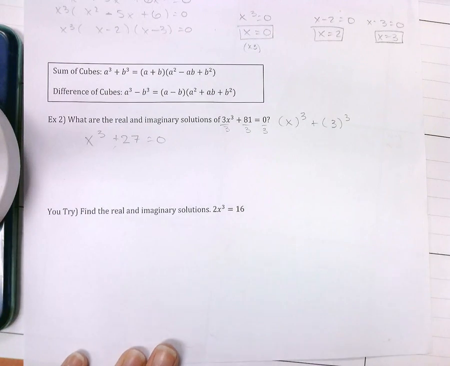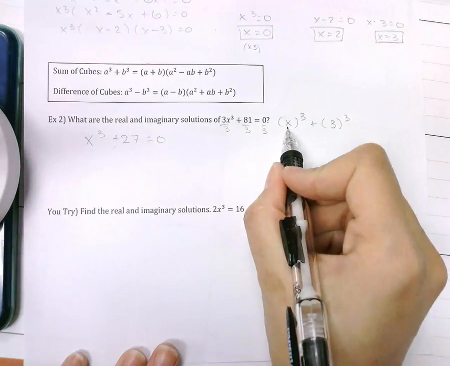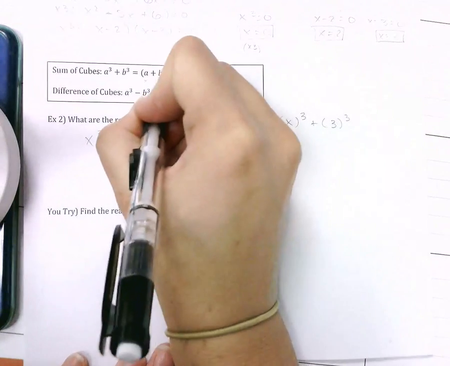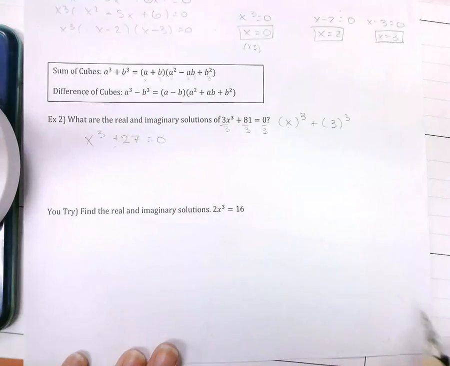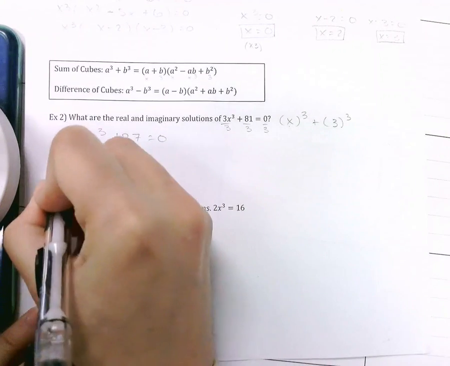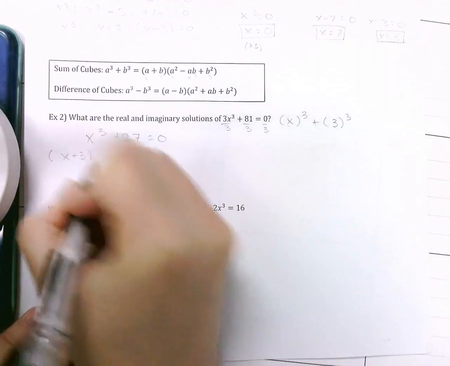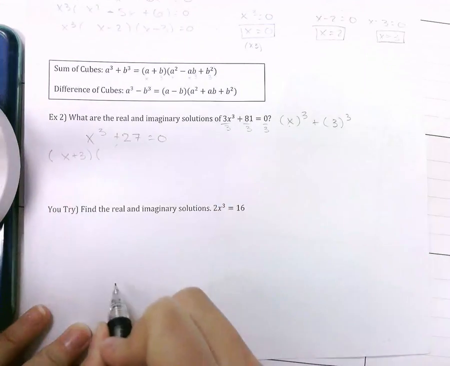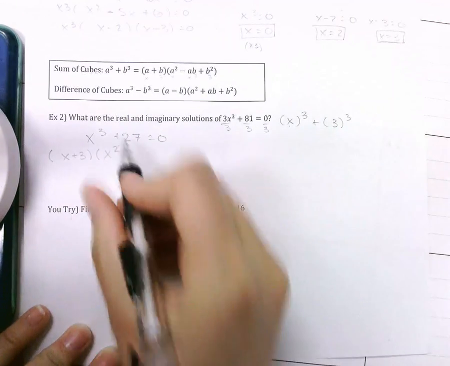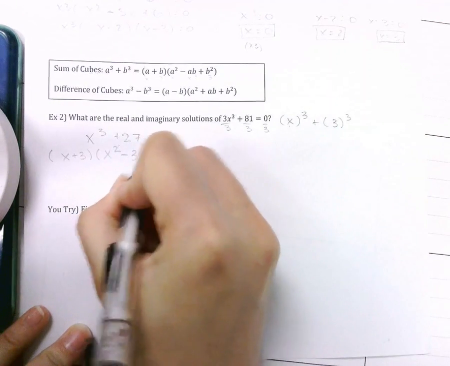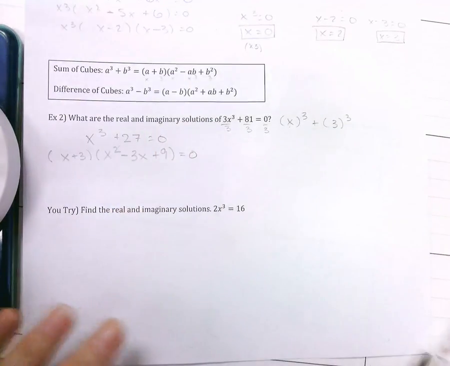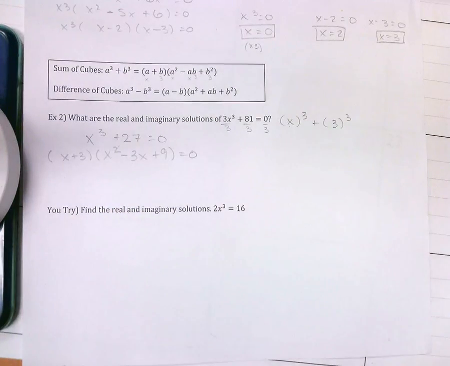That means that x is a and 3 is b, and we're basically going to plug all those in and factor this. So this factors to x plus 3 times x squared minus both of those together, so 3x, and then plus 3 squared, which is 9.